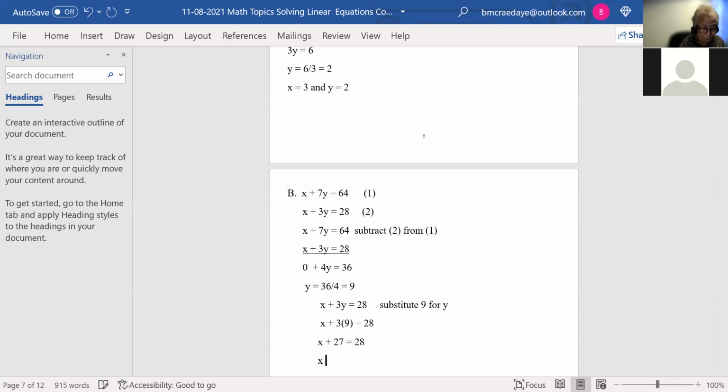No, how are you getting 0? What's 28 minus 27? 1. That's it. 28 minus 27 equals 1, because here you've got to subtract 27 from both sides.